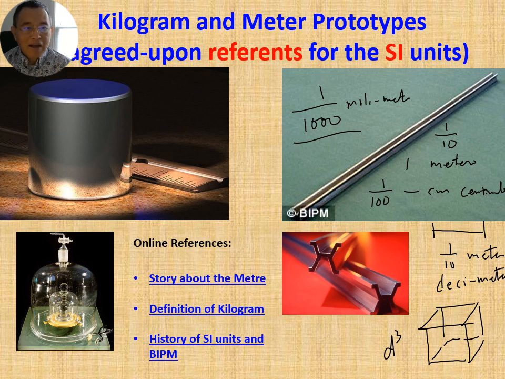Also for mass, you will have a prototype weight, kept in the same place for everybody to refer to. That's the mass of a kilogram. And for time, of course, you will have one of the atomic oscillation frequencies to refer to. We'll get to that a little later on in this course.